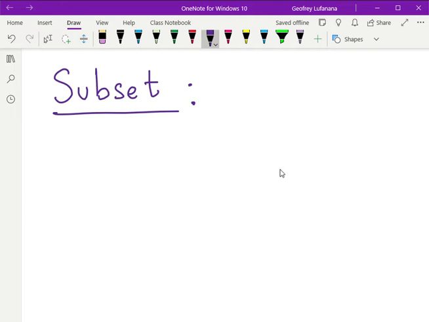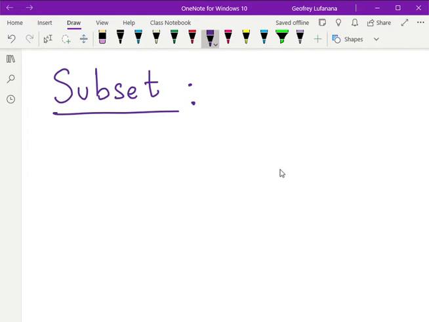Welcome. In this video we're going to be discussing another kind or type of set, and that's a subset. Now to easily define subset, we could say that it's a set inside a set. Let me illustrate that.